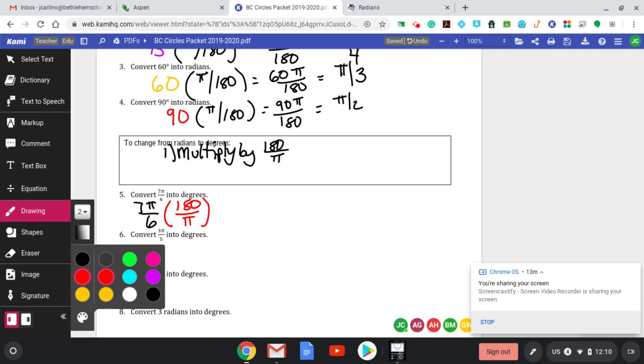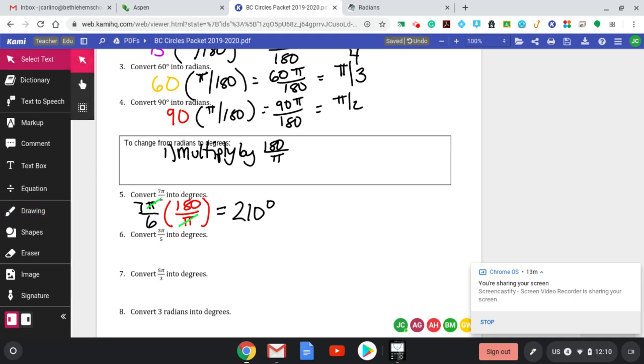You will notice from your algebra days, there's a pi in the numerator and the denominator, so I can cancel them. And now I'm just doing 7 times 180 divided by 6, that's 210 degrees.